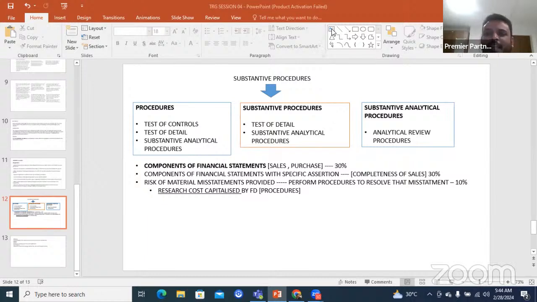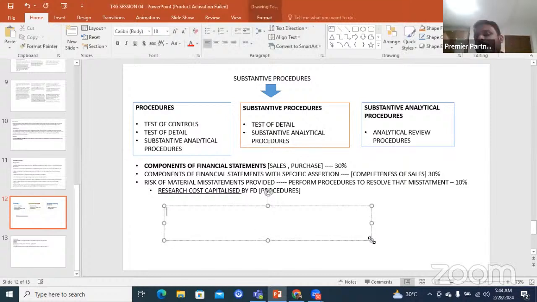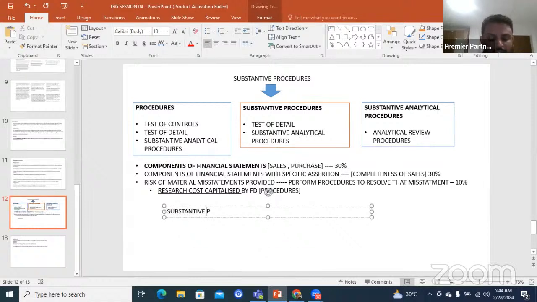Right. Simply I'll give you one question. If possible, just type one procedure. Substantive procedures to confirm rights and obligations of trade debtors.